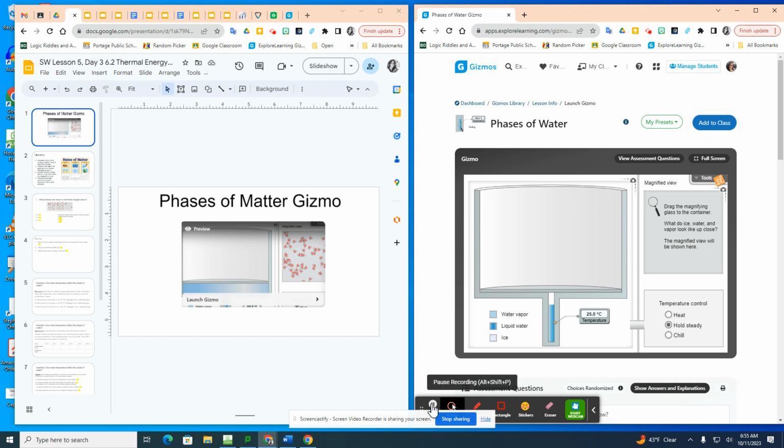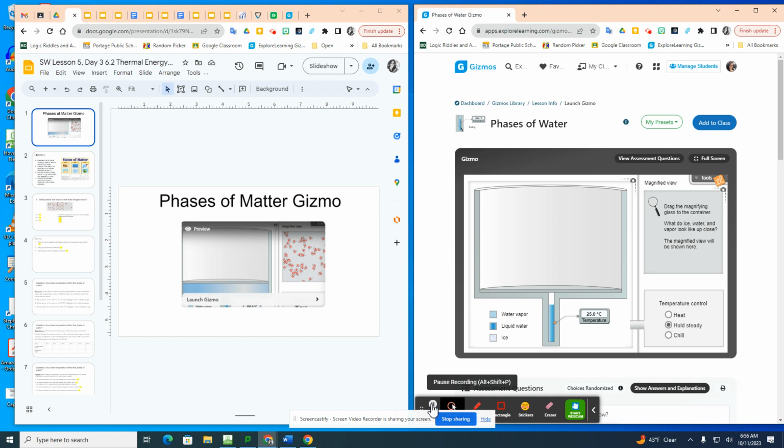So this phases of matter gizmo is going to give us a little bit more information about how particles, especially in water, we're going to focus on water, but how particles in solids, liquids, and gases can change their state, go from liquid to gas, gas back to liquid, and even melting, which is a solid to a liquid, or freezing, which is liquid back to solid.